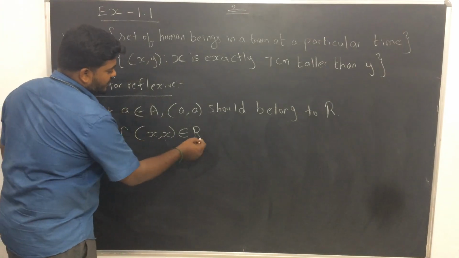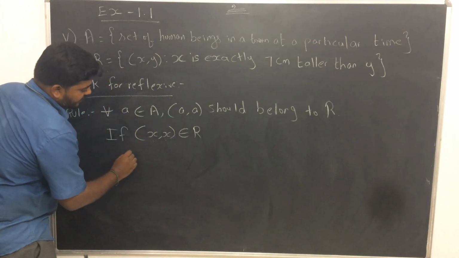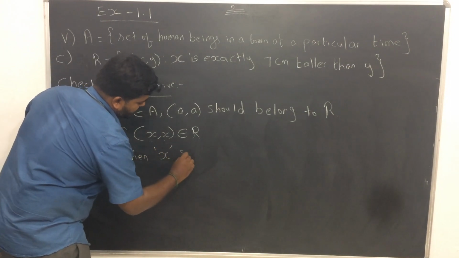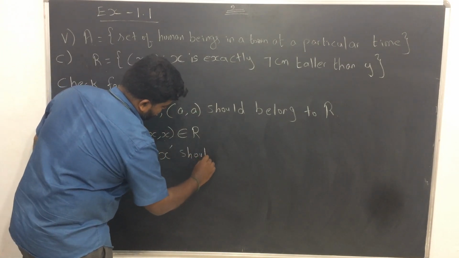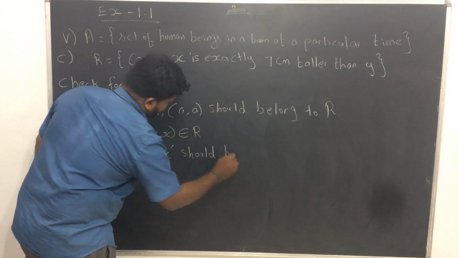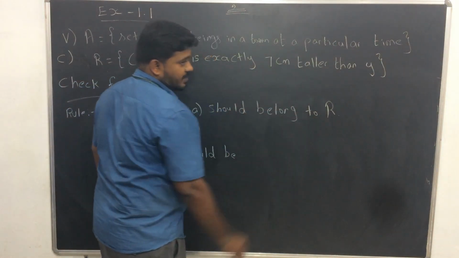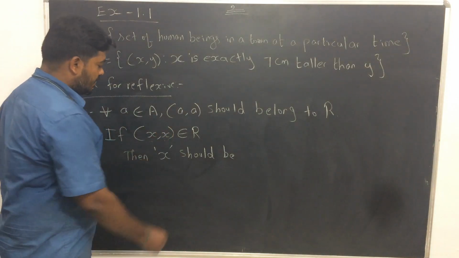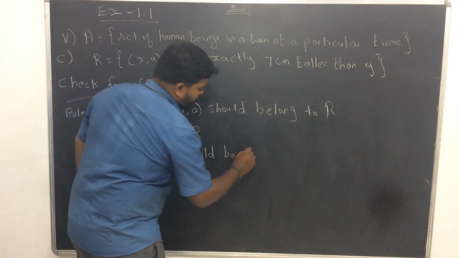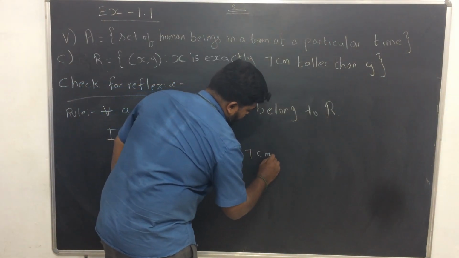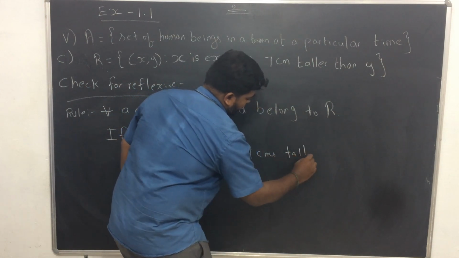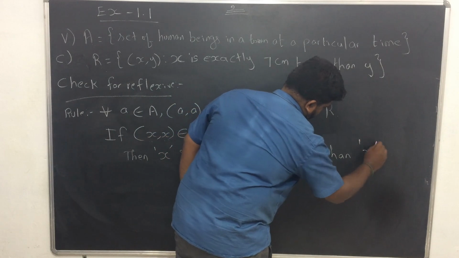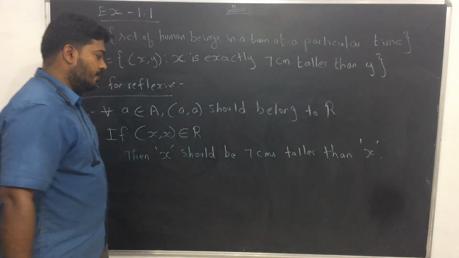Okay, let us check now. If x comma x belongs to R, then x should be 7 centimeters taller than x. Here x is y. Right? Then x should be 7 centimeters taller than x. Is this possible?